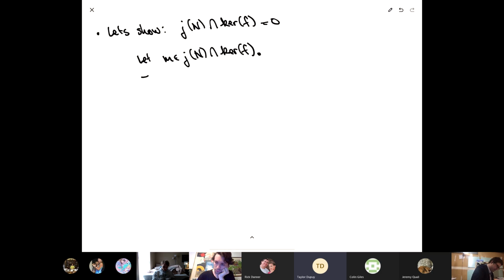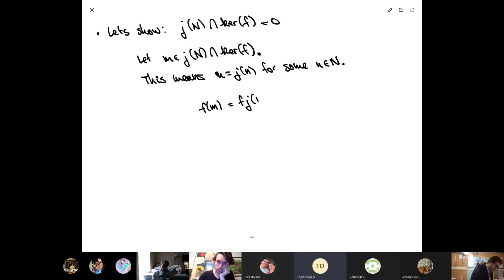Okay, this means that M is equal to J of n for some n in N. But it's also in the kernel. So this tells us that F of M is F of J of n. This thing is 0 since M is in the kernel of F. And this thing is equal to the identity on N, because that was what we supposed, so this is just n.